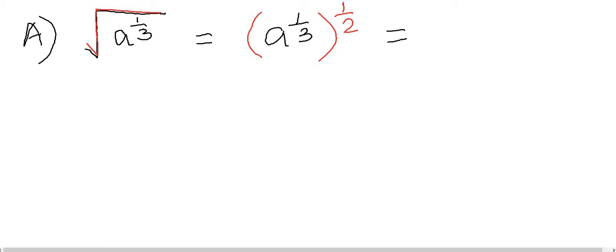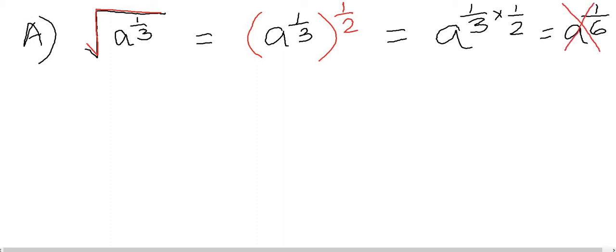So this becomes a to the power 1/3 times half, which is equal to, you just multiply 1/3 by 1 over 2 and you get a to the power 1 over 6. So now that is not the answer, because the question says which one is equal to a to the power 2/3.